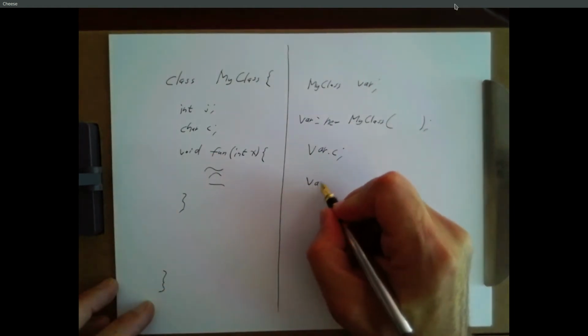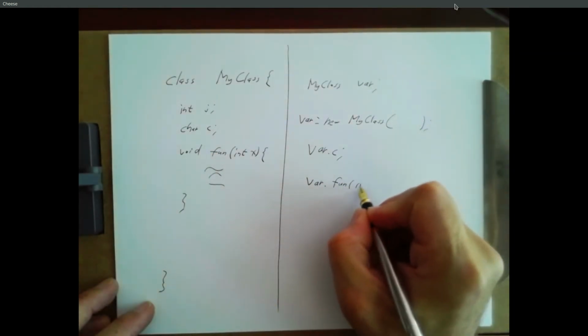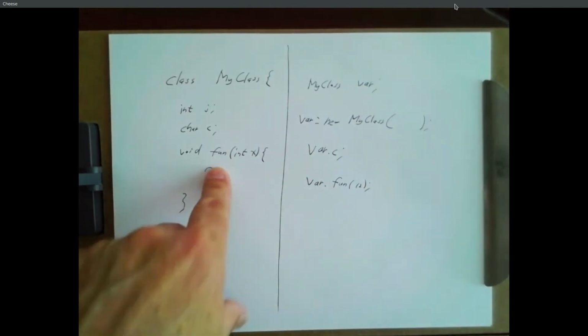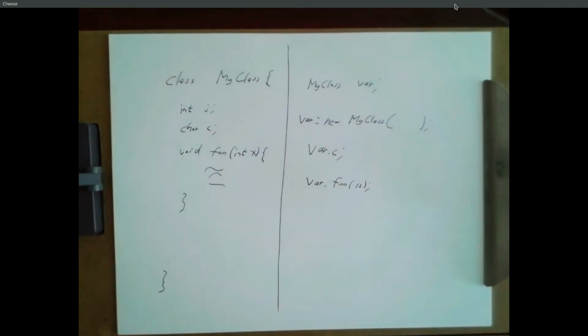I can say variable.function and pass an integer, and it calls this function with x equal to 12. Okay, so we use the dot that we use to pick off pieces of a structure in C.